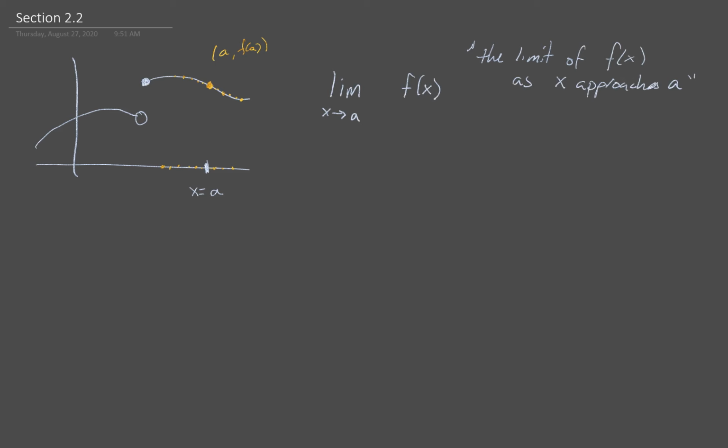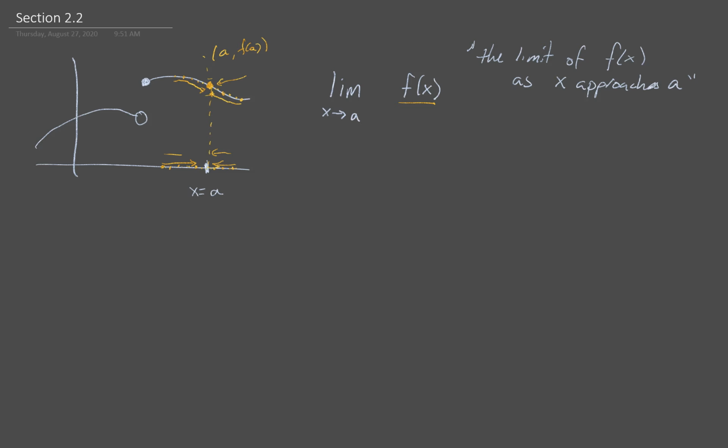In this case with this graph, I'm looking at x values that get closer and closer to a on the x-axis, and we want to know what the y values do. So I'm taking points on the curve, getting their x values closer and closer to a, and we want to see what their y values are doing.